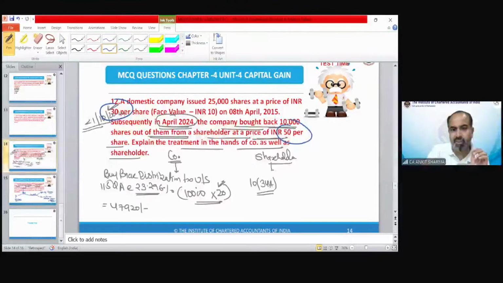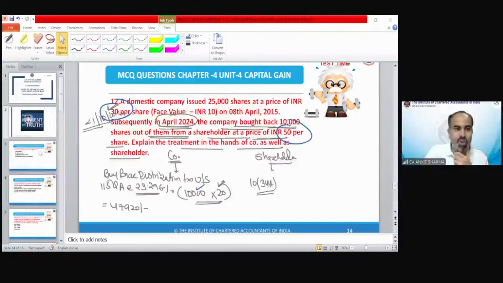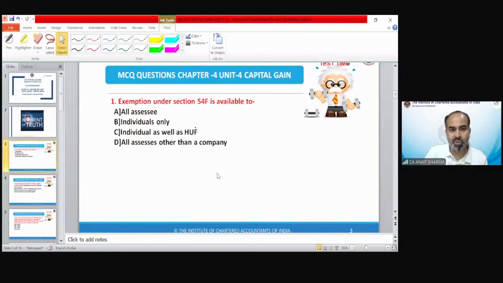So the difference is going to be taxed as buyback distribution tax. So 10,000 into 20, and upon that we apply the rate of 23.296%. So the answer was individual and HUF is the correct answer, of course. The correct answer is section 54F, that is option number C.